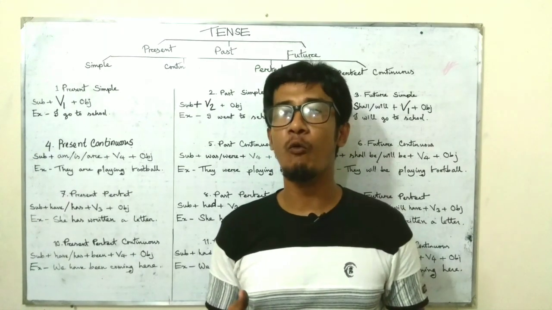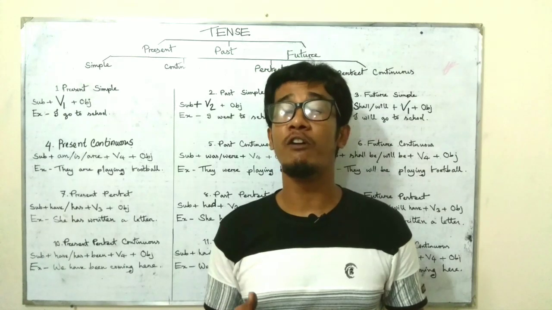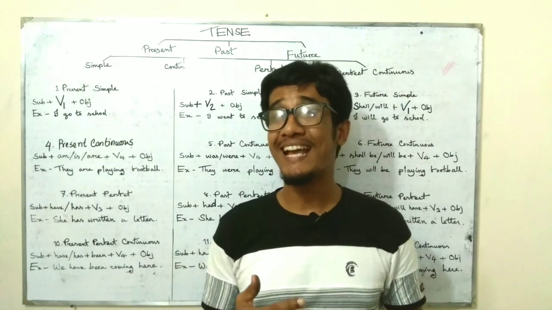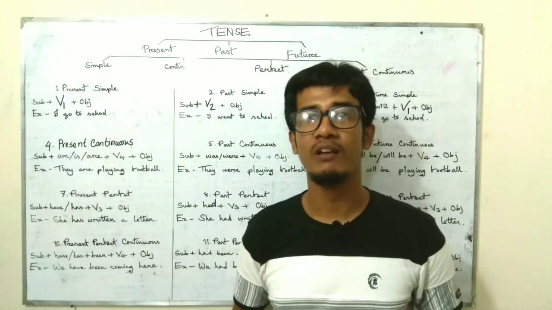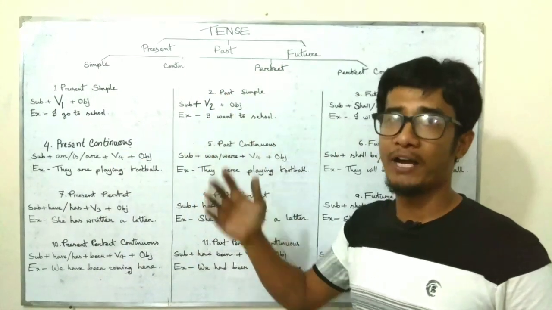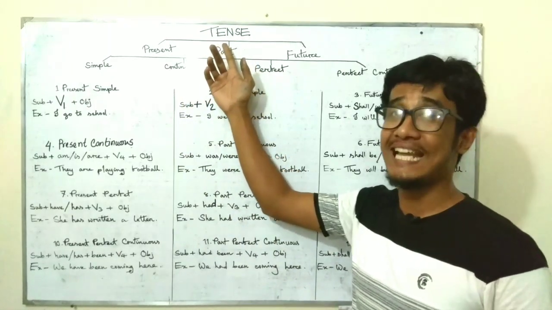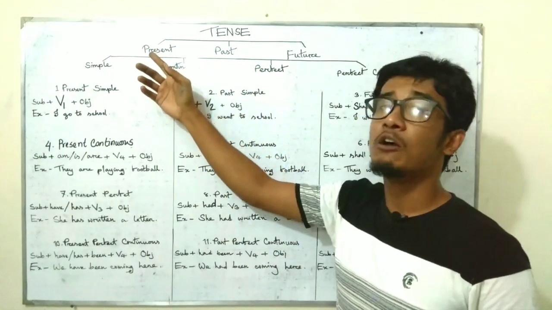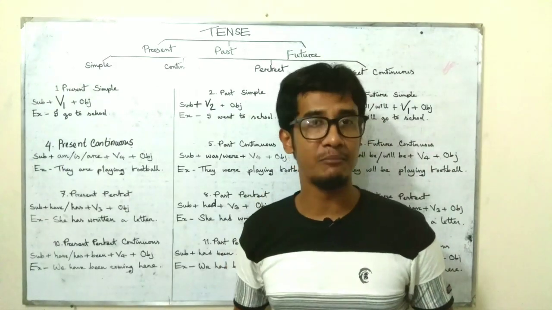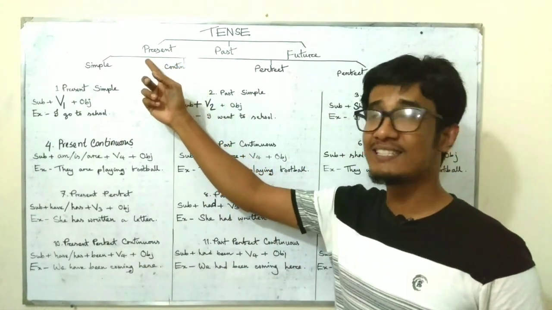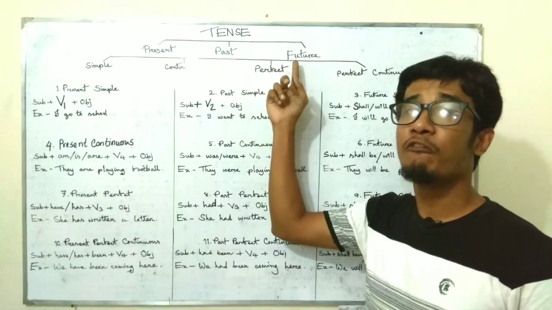Basically, tense is the way of using the form of a verb in a sentence which expresses the time or state of an action. Now, let's see the whiteboard. Here I have written tense at first, and then we know that tense is primarily divided into three different types, and they are present, past and future.